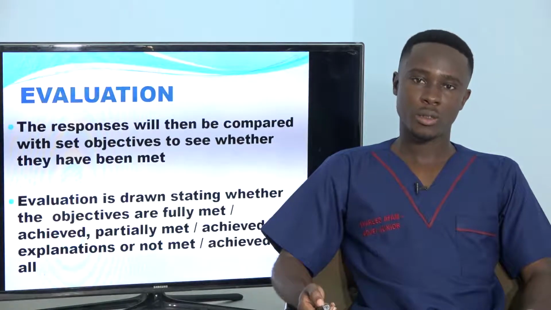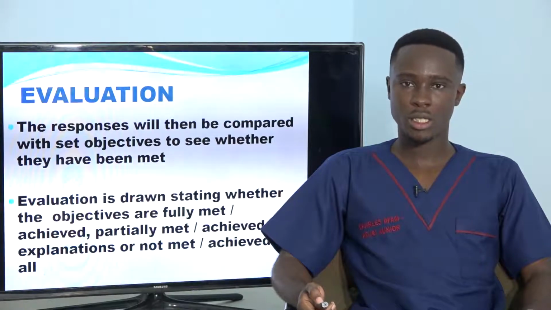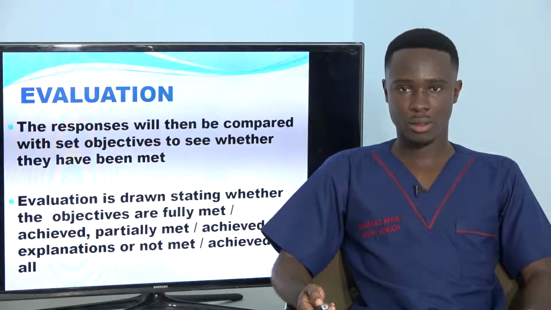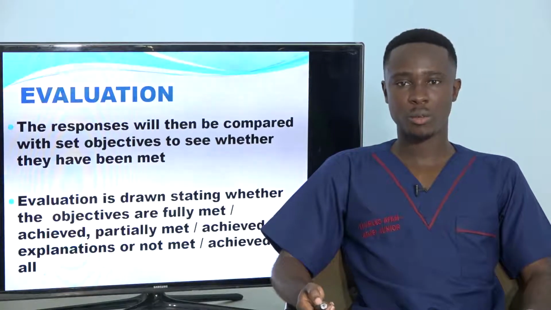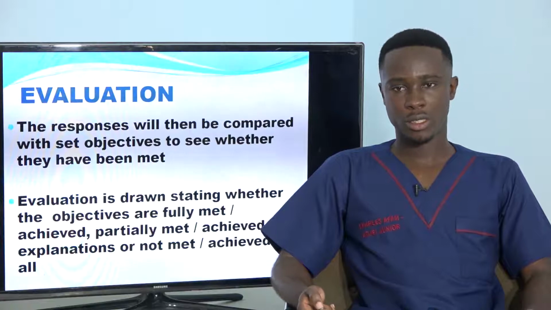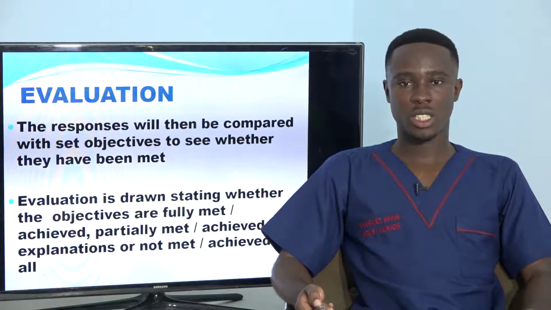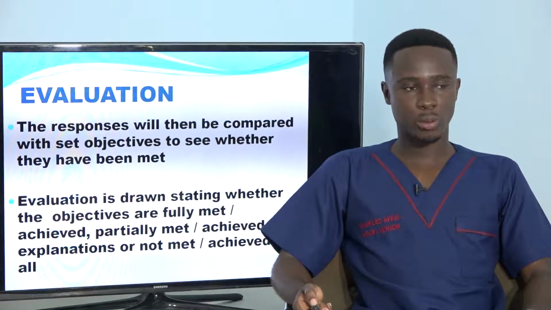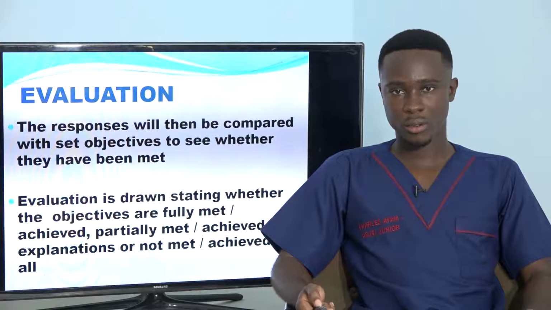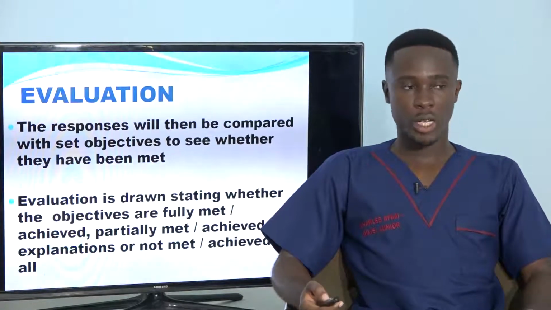Then the responses will be compared with specific objectives to see whether they have been met. Evaluation is drawn stating whether the objectives are fully met, partially met, or achieved, with explanations, or not achieved at all. So if your goal is partially met, you have to give reasons why it was partially met.